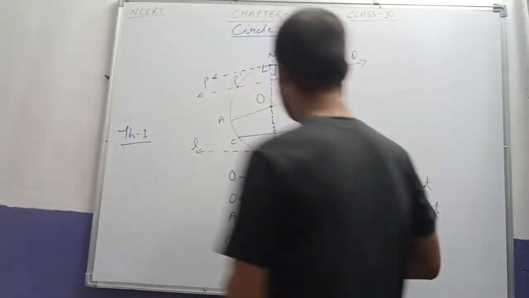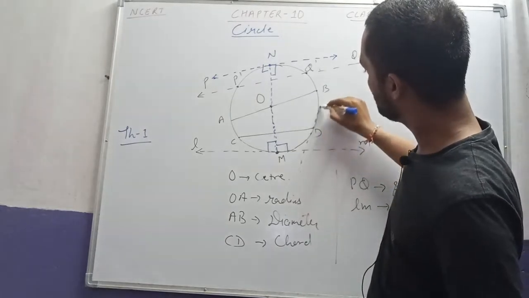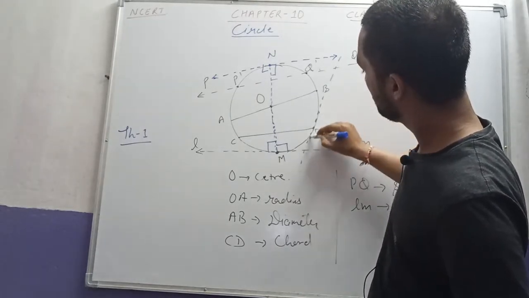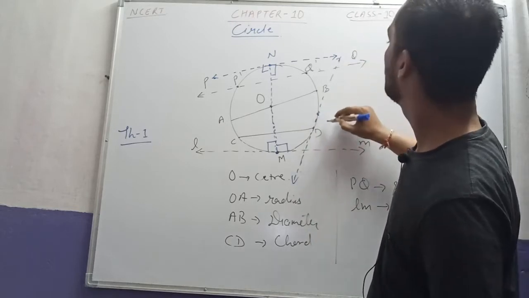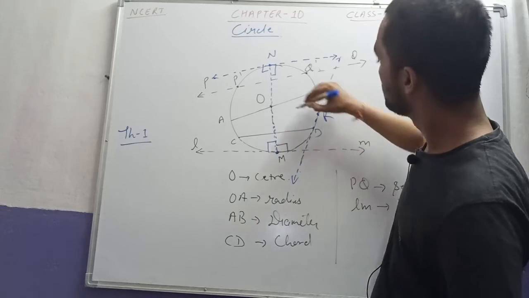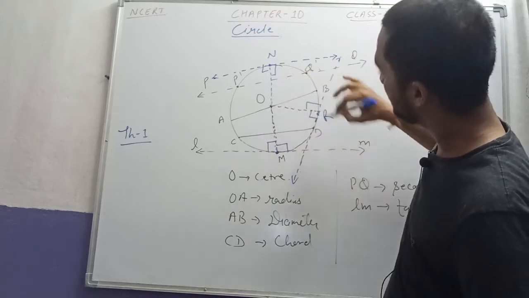Suppose this is the tangent meeting at point R. If we join this OR, it will be perpendicular.